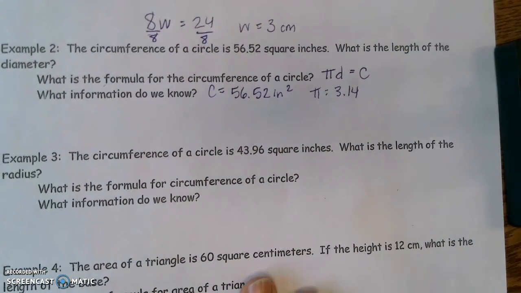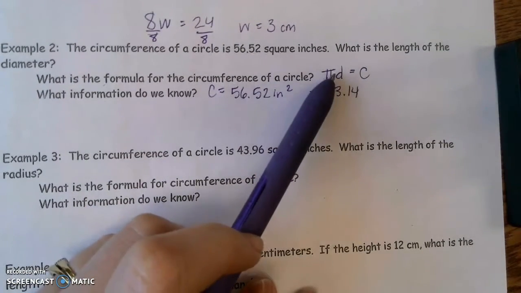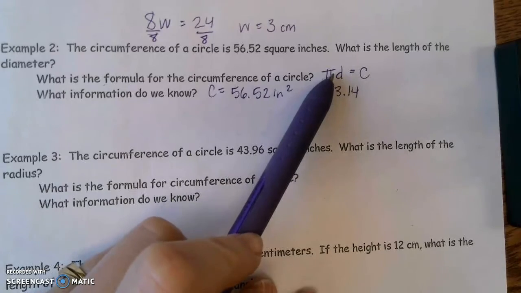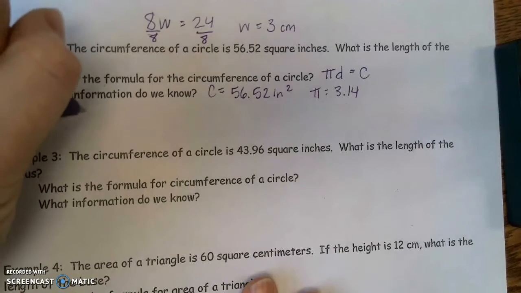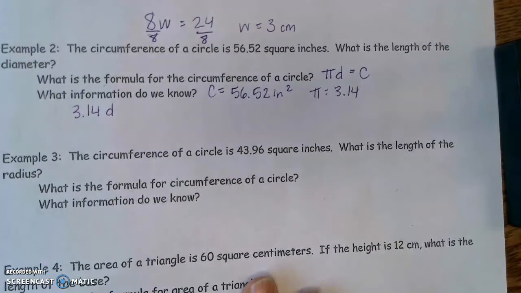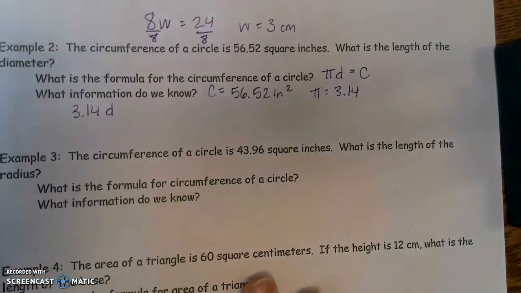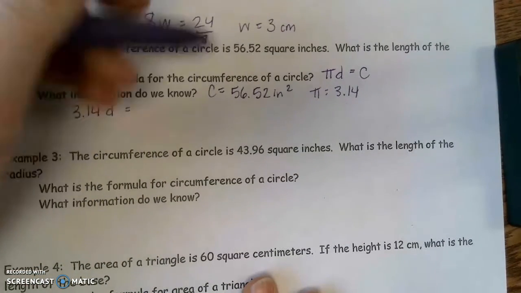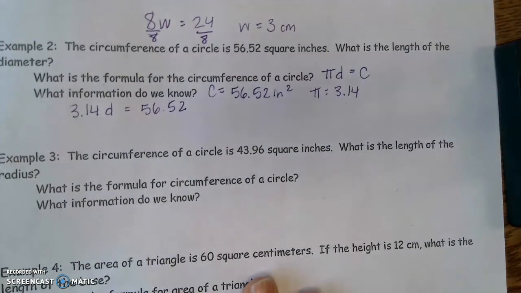Knowing these two things, we can plug those values into this equation to figure out what the diameter is. So I am going to do 3.14 times d, because I don't know what my diameter is, but I know what pi is. And I'm going to set that equal to the circumference, which is 56.52.